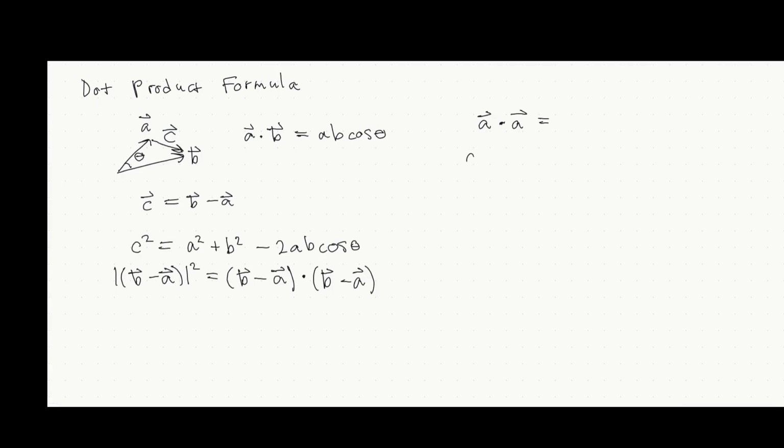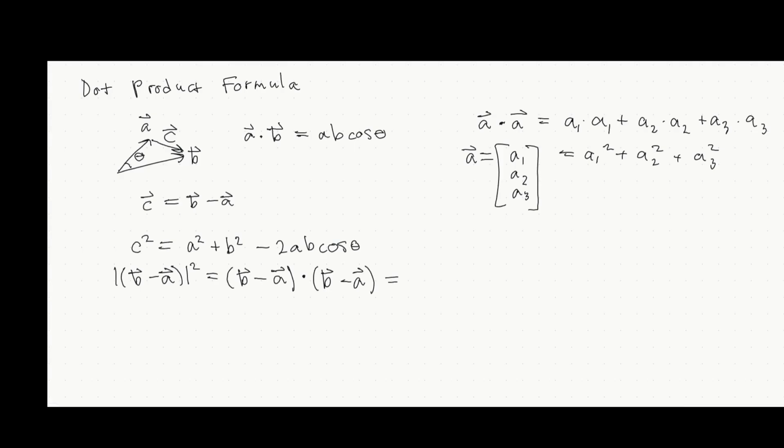Let's say A has three components, A1, A2, A3. Then the dot product is the pairwise multiplication of two vectors. That's just the sum of the squares of the components of the vector, which is the magnitude squared of the vector.